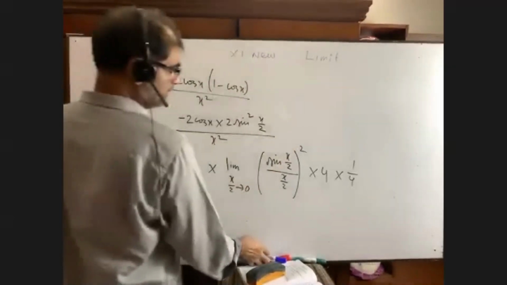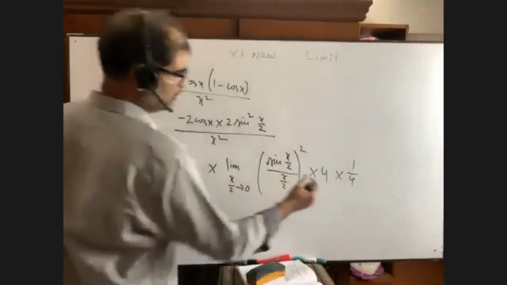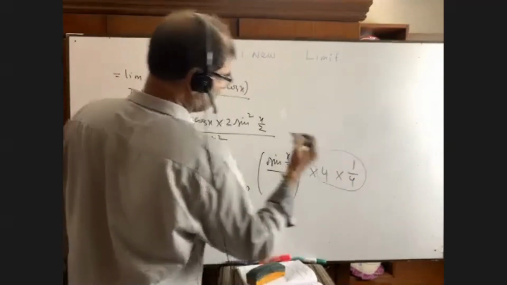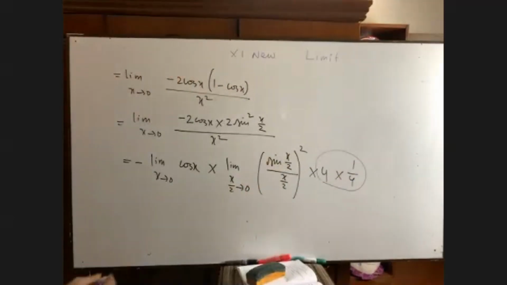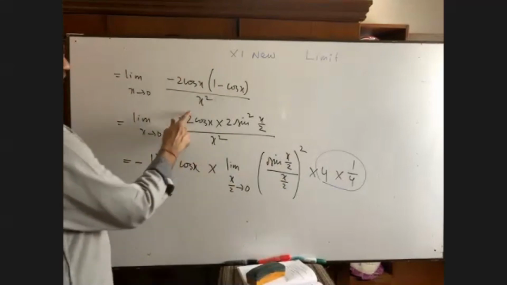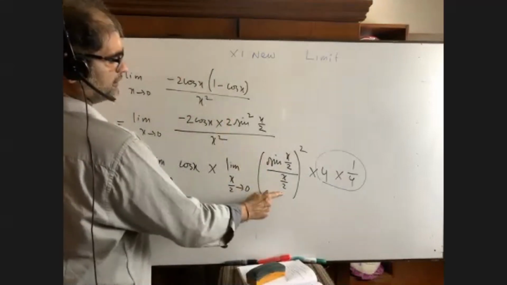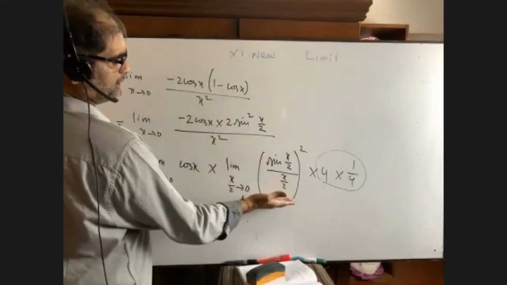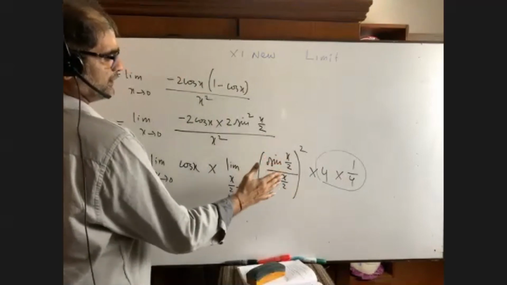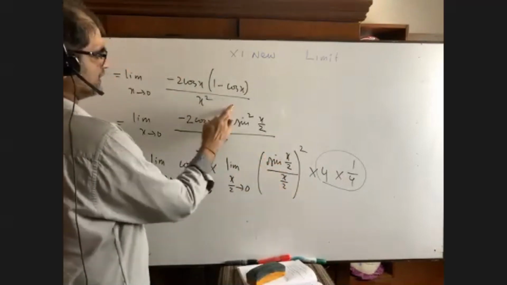Actually, those who know maths well, they will not do this part, because they have taken this 4 in the denominator. It is 1 by 4. If it is invertendo, then this is another 4.